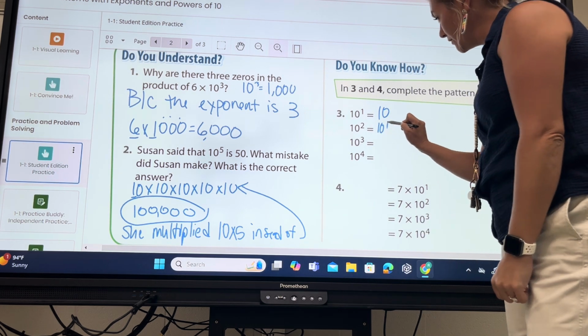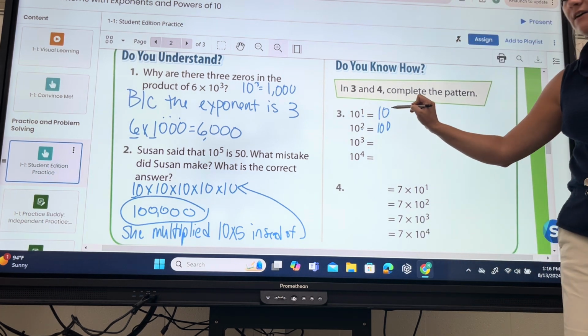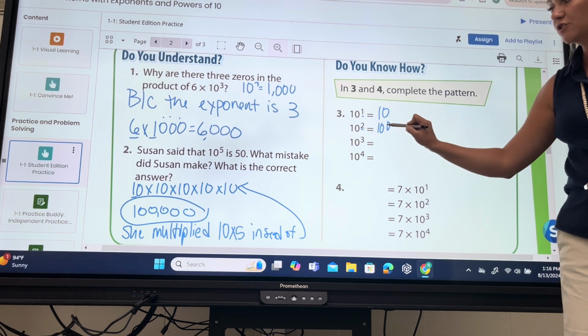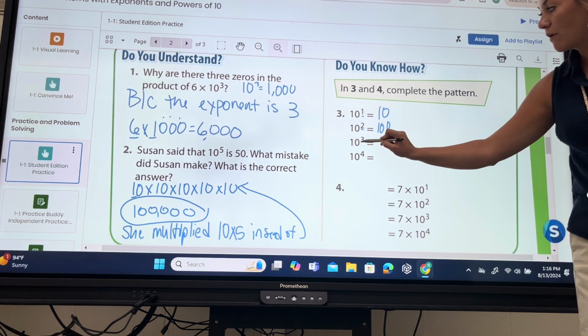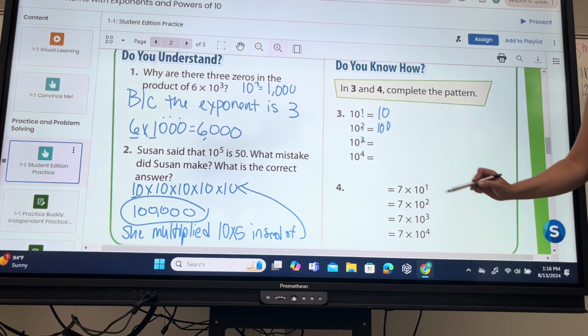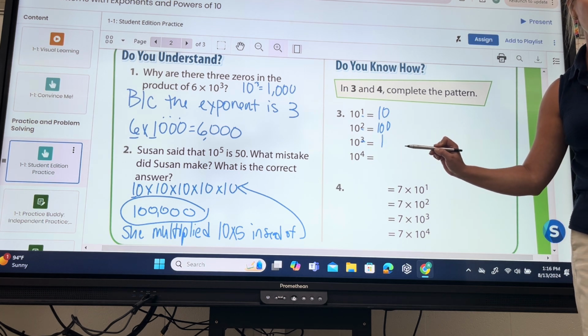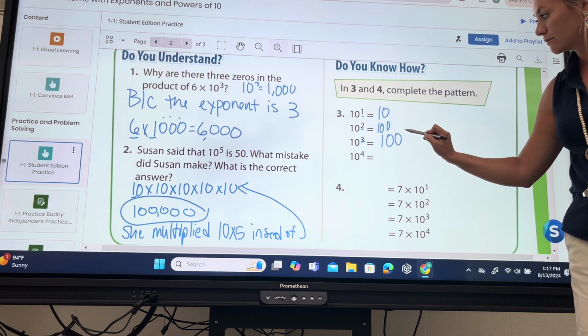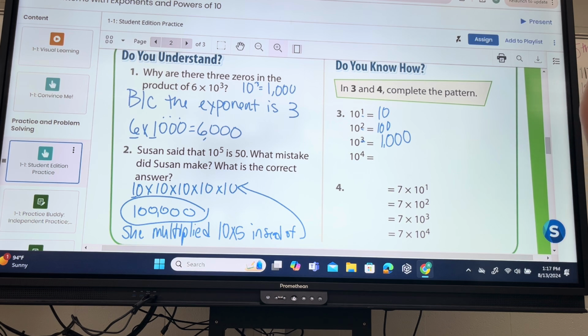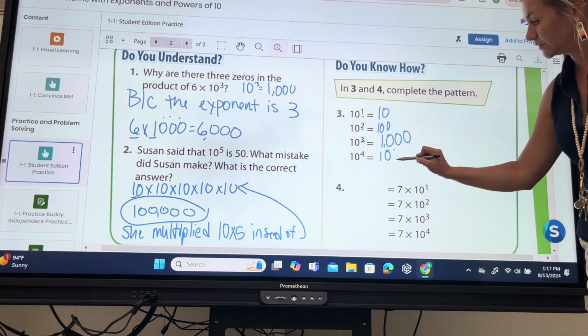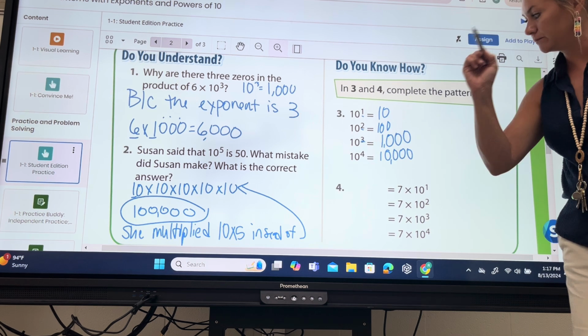We got 2 zeros. Our exponent is 1, we have 1 zero. Our exponent is 2, we have 2 zeros. Our exponent is 3, so we're going to have a 1 with 3 zeros. 10 to the power of 4, we're going to have a 1 with 4 zeros. 1, 2, 3, 4.